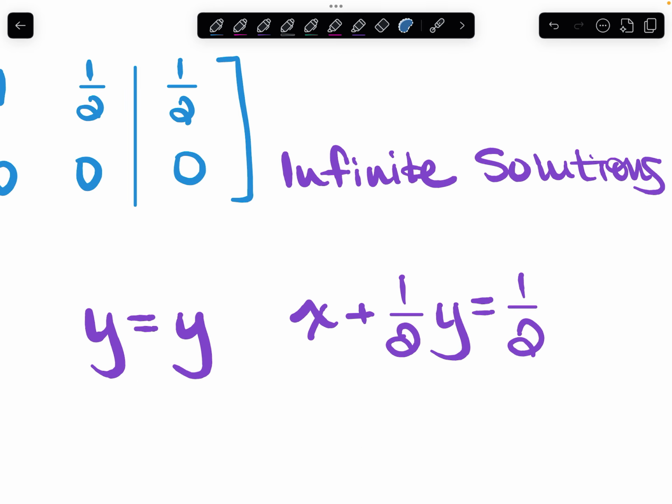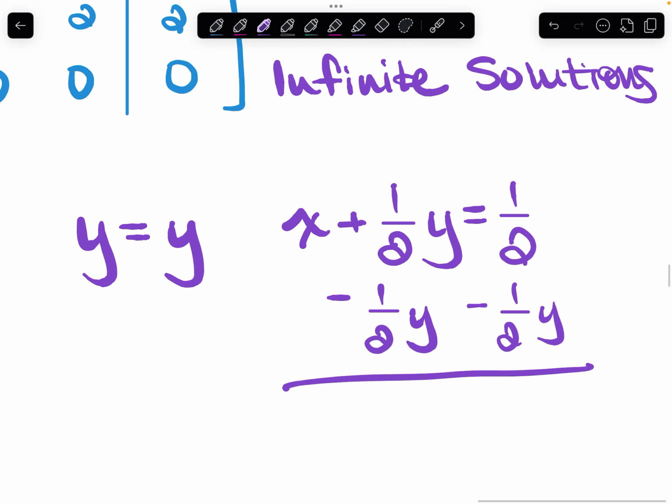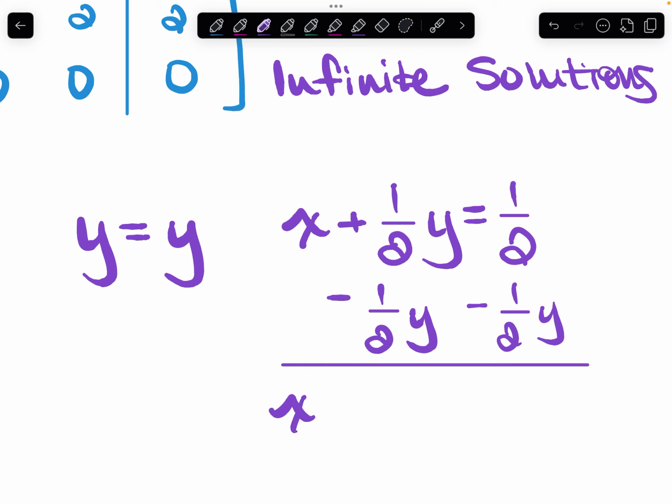We're going to solve it for x. So that means everything's going to be in terms of y. So we would move our 1/2 y over. So we get x equals, it doesn't matter what order you write it in, 1/2 minus 1/2 y.